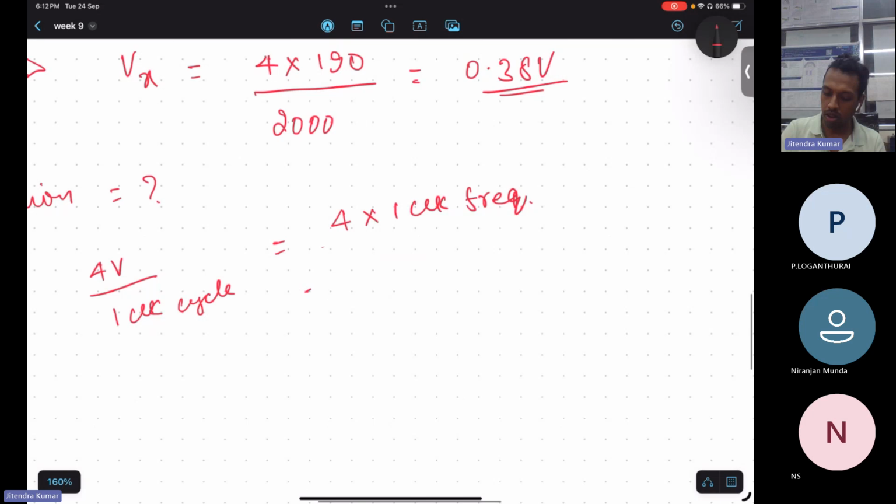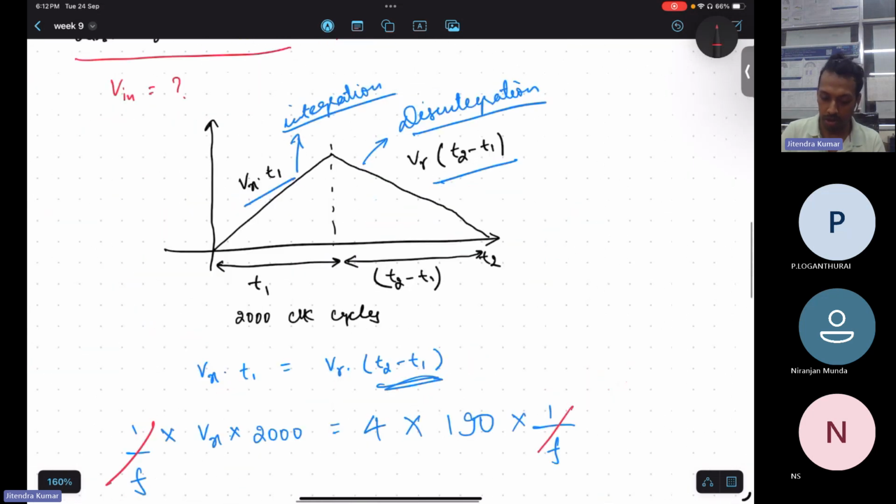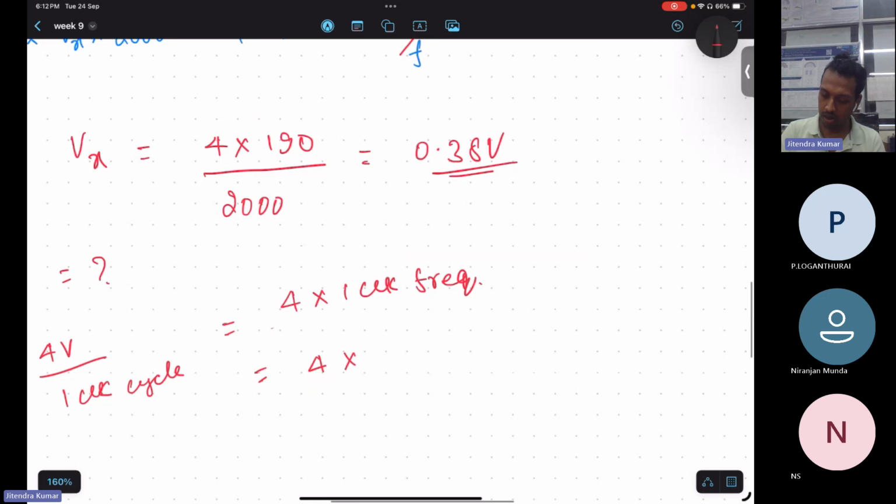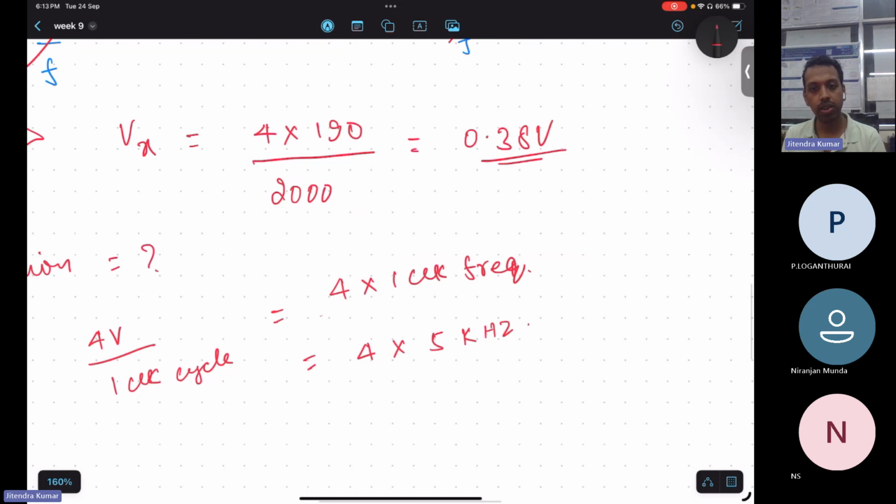And how much is the clock frequency? That is given in the problem itself, that is 5 kilohertz.